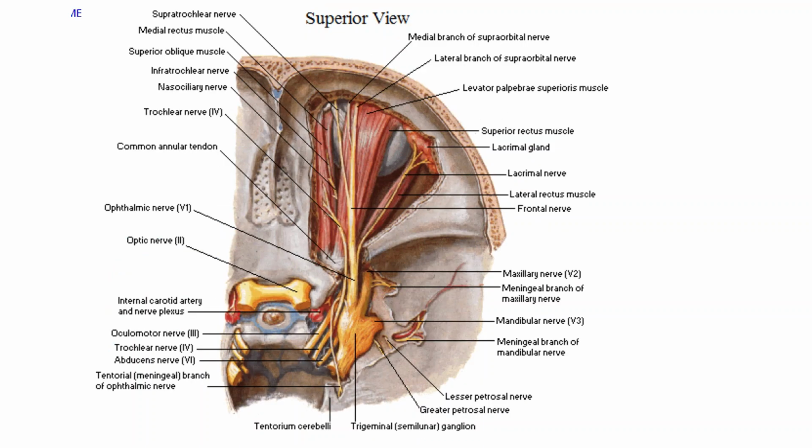This is the superior atlas view showing the relation of the nerves with the extraocular muscles. As we can see, the trochlear nerve is located here, and it reaches the superior oblique here.